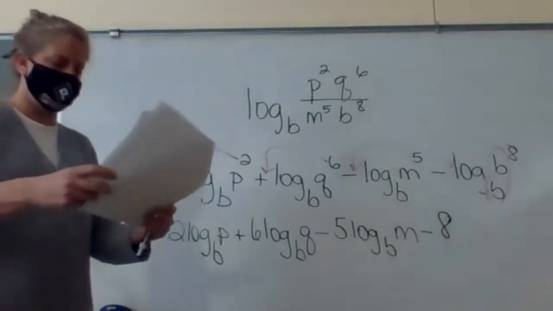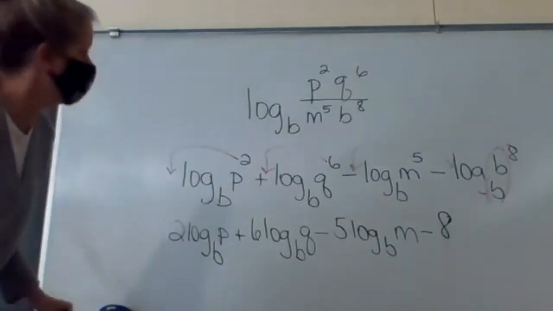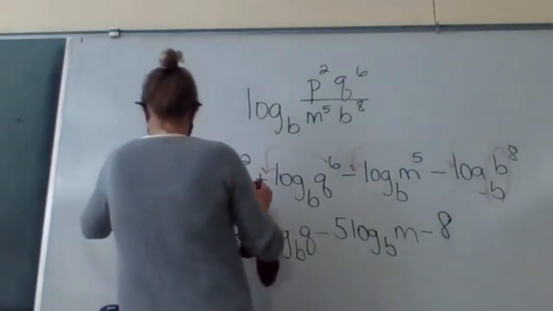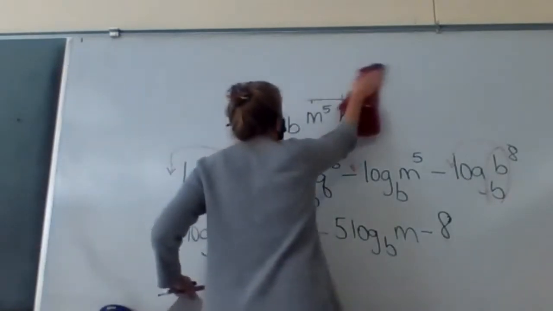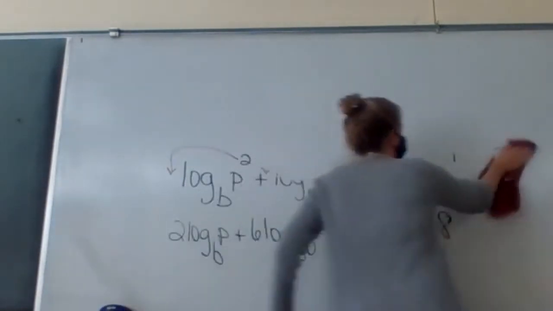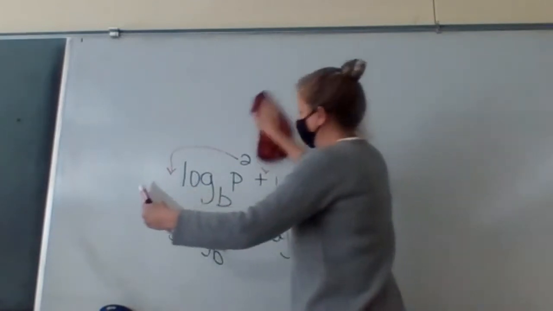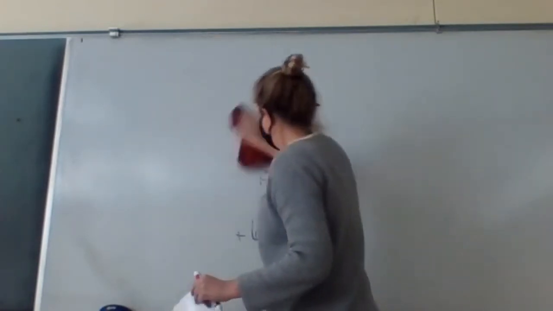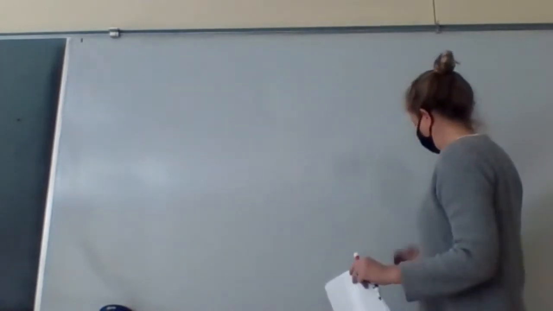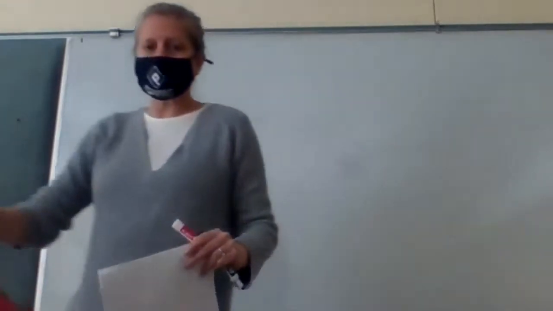All right, moving along. Number 20. Simplify the expression. So this is written as a difference. So remember, now I can go backwards from a difference and turn it into a fraction or a quotient.